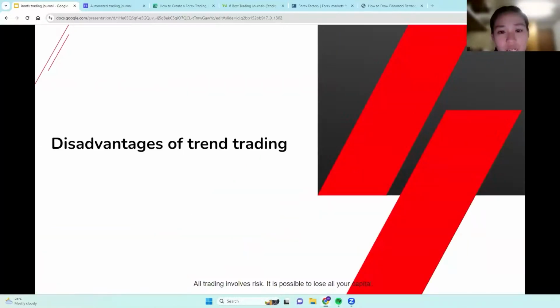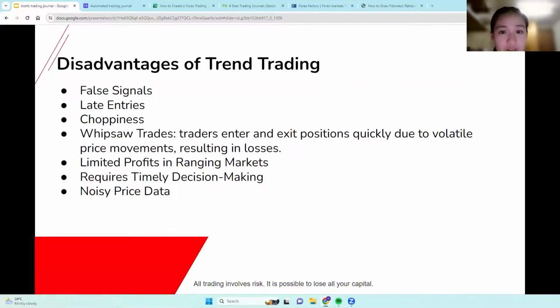Okay, so to wrap things up, we'll quickly go through the disadvantages of trend trading. So basically, it can give you false signals, late entries, some choppiness as well, whipsaw trades, which basically means that traders enter and exit positions quickly due to volatile price movements, which can result in losses.